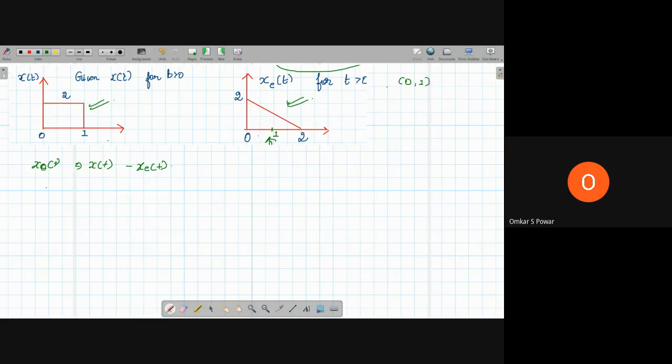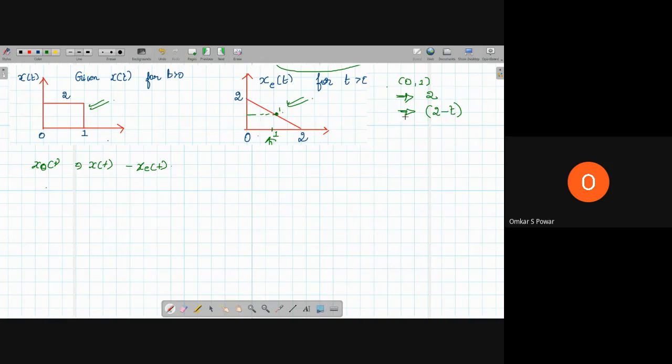Same thing. From 0 to 1, what is the value of x e of t? It is decreasing, so it is minus t, but at 0 its value should be 2, and at 1 its value should be 1. So what will satisfy this? 2 minus t, because if you substitute, at 0 its value is 2, and at 1 its value is 1.